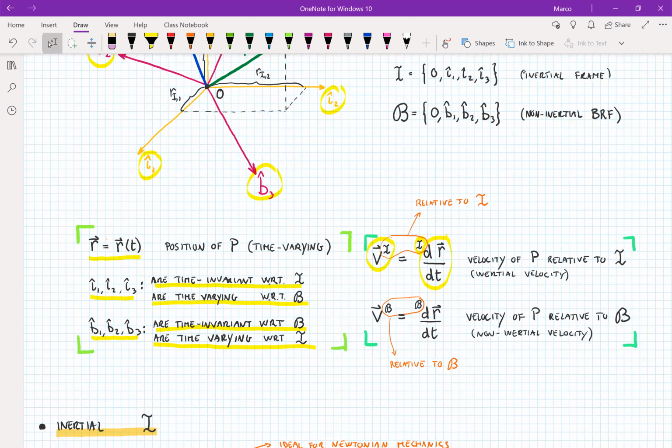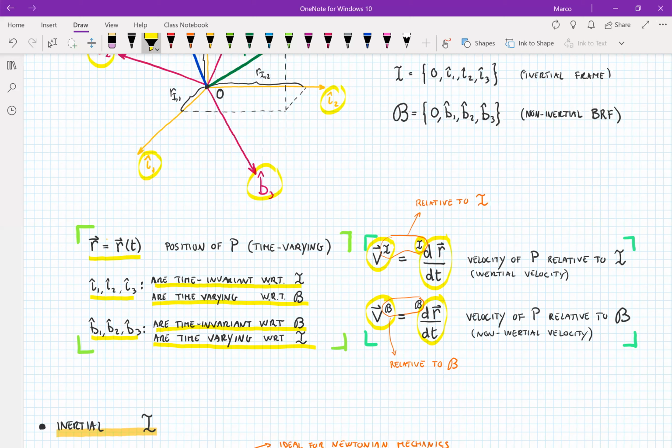Similarly, we can define the velocity of the particle P with respect to the body frame of reference. We're going to have V superscript B, and that is the derivative of the position vector R, of course, derivative with respect to time, but referred to the body frame of reference.